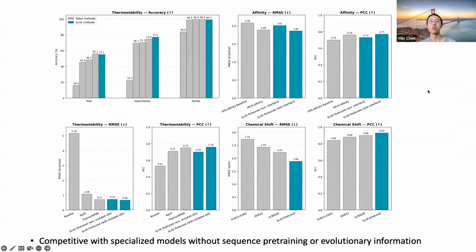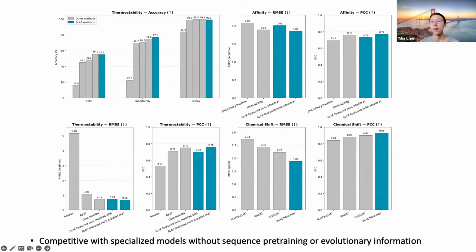So these are the results. Overall, we're seeing competitive performance or even better than the state of the art. We're comparing the SLAE fine-tuned version to all of the best published models that we can find.